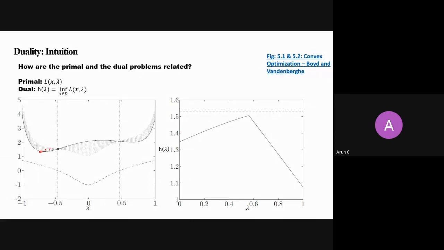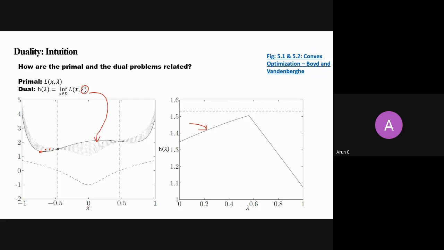So when I was minimizing for every lambda, this is what I get. It means I don't care what my lambda is, but if you fix the value of lambda, I get some curve, and I will minimize over it. Minimize over what?